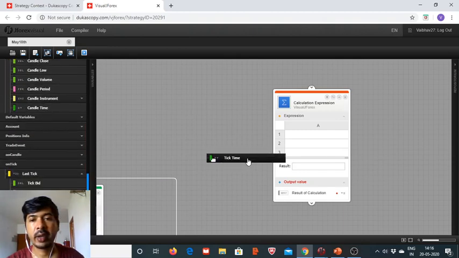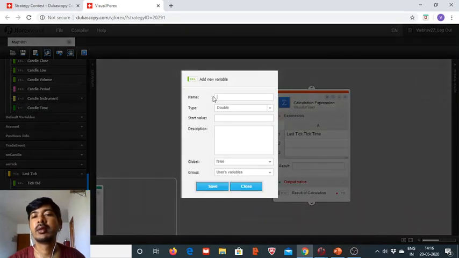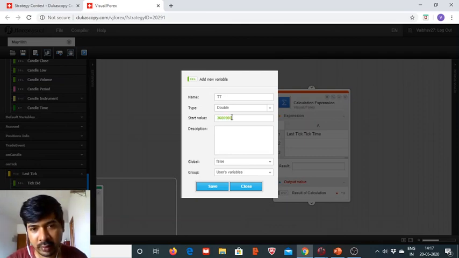Last tick time, and we create a new variable. We name it tick time tt, and its value would be 3.6 million. So count the zeros well.